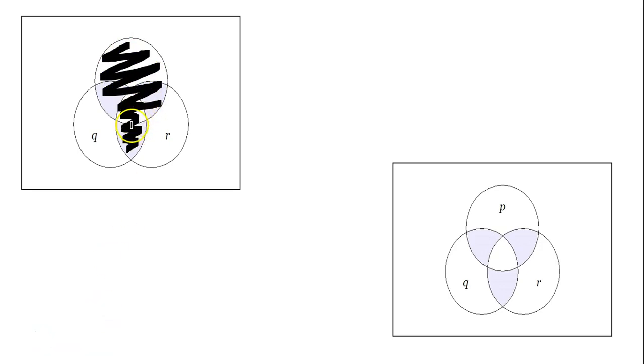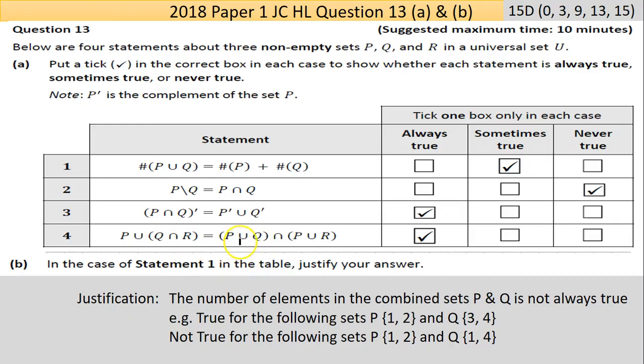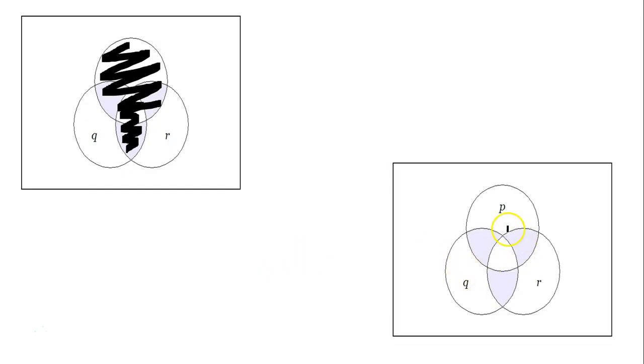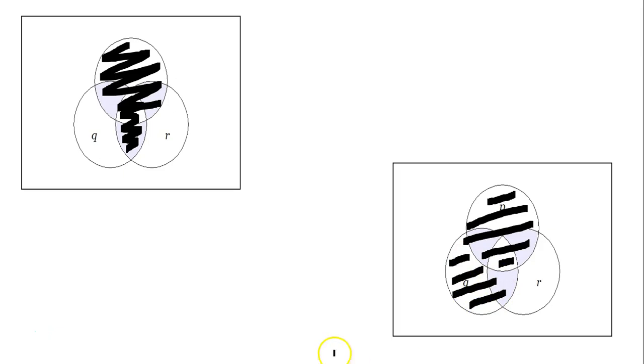So is that the same as, now we've got to do inside both brackets, so P union Q is all of this joined together, so let's put lines to it just so I don't destroy it.